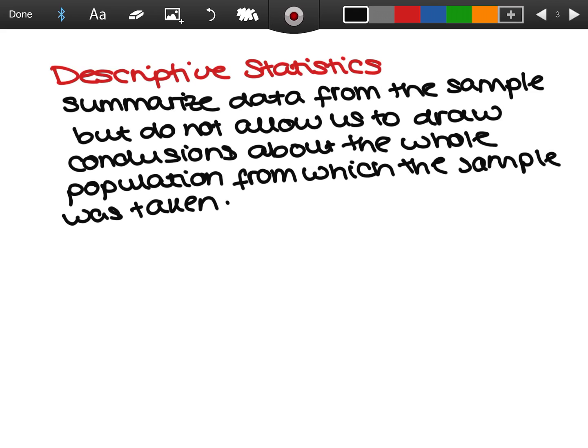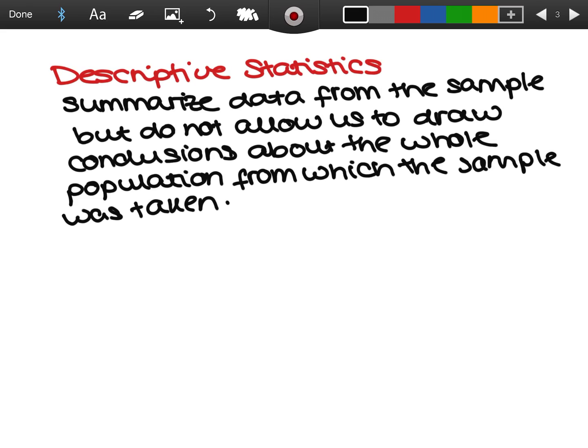We're not extrapolating it to the whole population. So descriptive statistics just describe the sample, not the whole population. They don't allow us to draw conclusions about the population or beyond the sample. We just find statistics about the sample that is being analyzed.